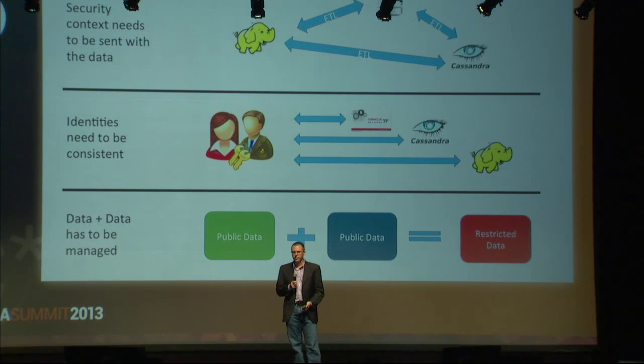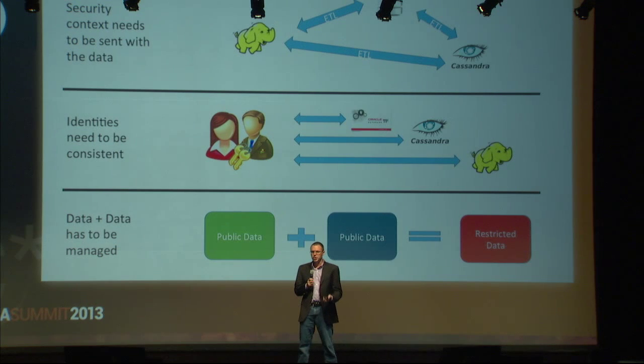So as a community, there's several things we can do to drive this and really get that comfort level up. First is that security context needs to be shared alongside the data when we're doing data movement operations. So I have ETL referenced here. We could have an argument all day long of if ETL is dead or if we're going on to new ways. But at the end of the day, moving data around is not going to stop.